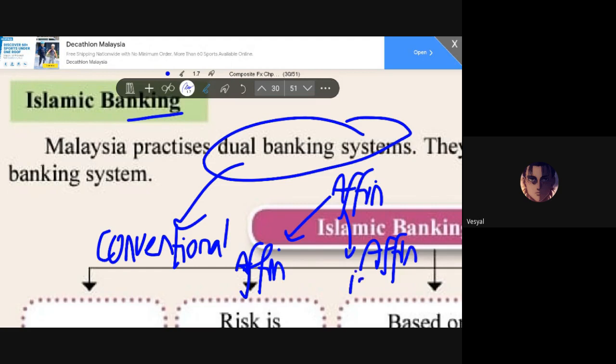We have seen before. Does anyone notice this? I think got somewhere near McAllister Road. Got Affin and also Affin Islamic. So this is what we call the dual banking system actually. It's two separate buildings for the same purpose actually. So yeah, this is your dual banking system actually.